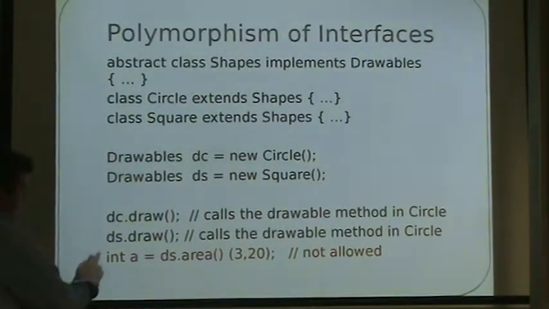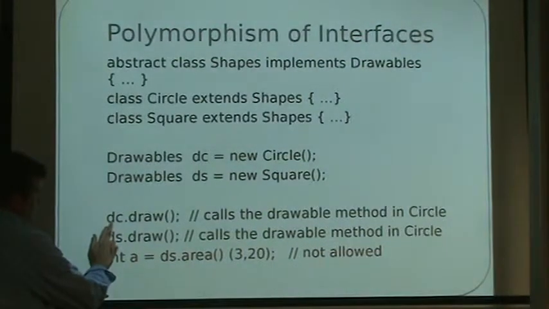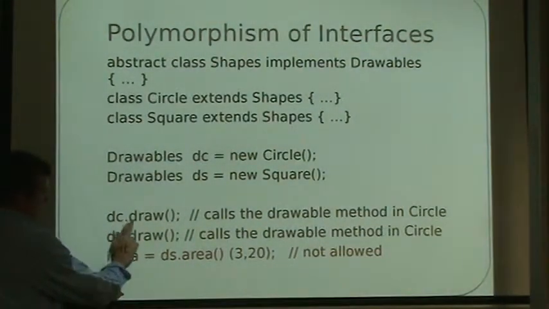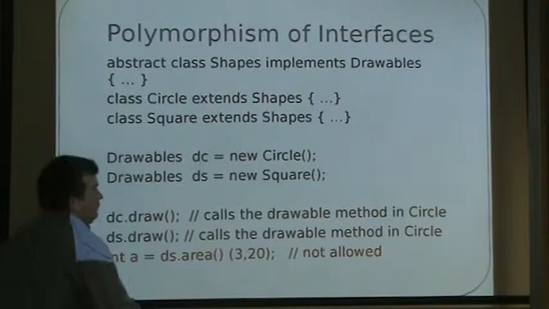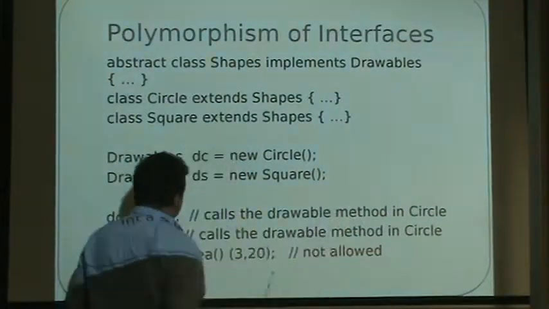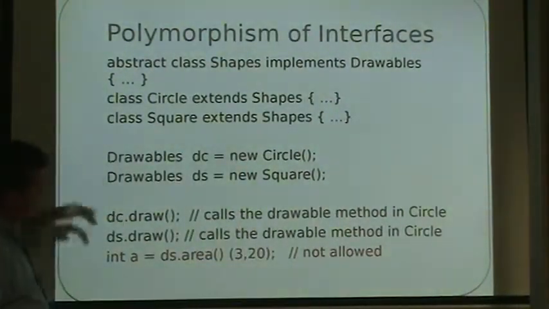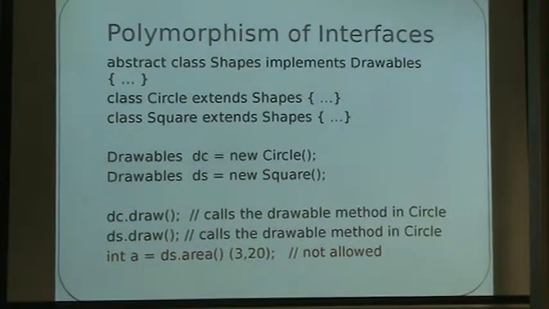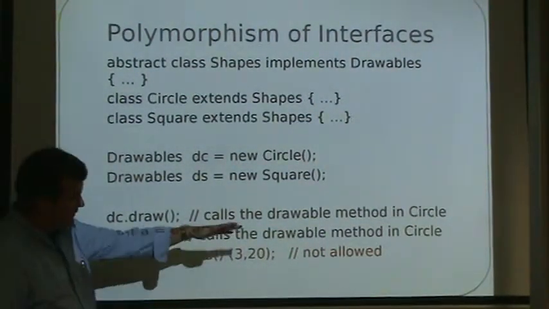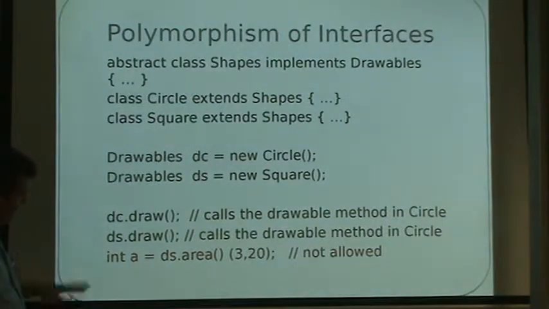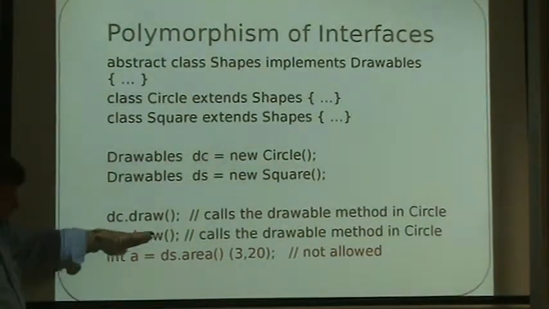And then we could call the draw method on the drawable reference, as long as the draw method is in Drawables, and obviously we would have to have implemented that method. So we would call the draw method on a circle, and then we would call the draw method on a square.